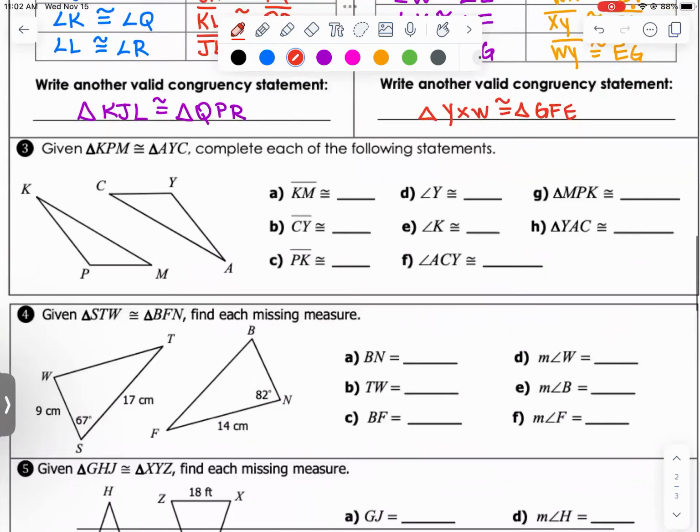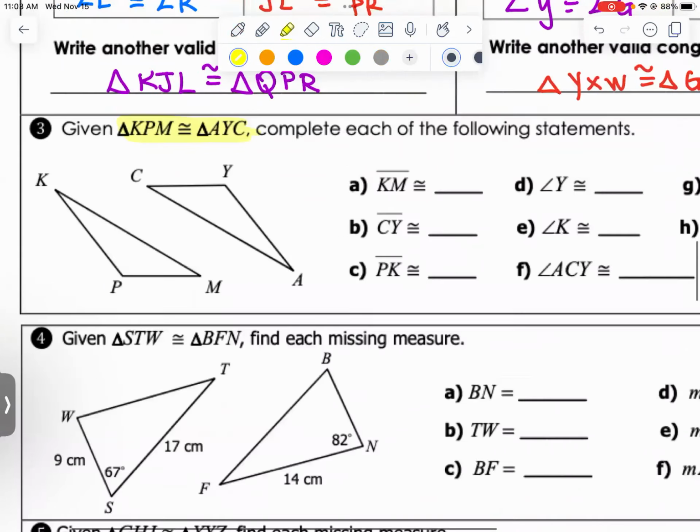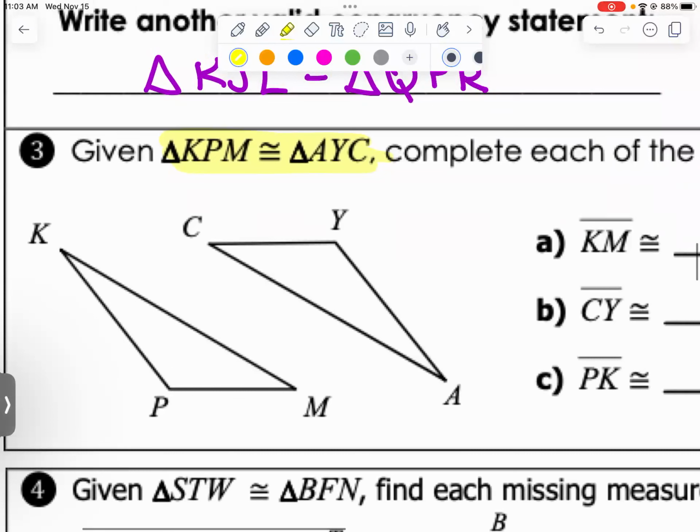I'm telling you in number 3 that we have 2 triangles that are congruent. So we need to complete the following statements. So here's something that I would do, okay? If KPM is congruent to AYC, I think it might help me if I say, okay, well, K and A are congruent, P and Y are congruent.